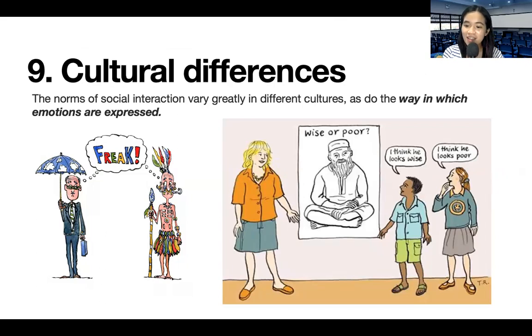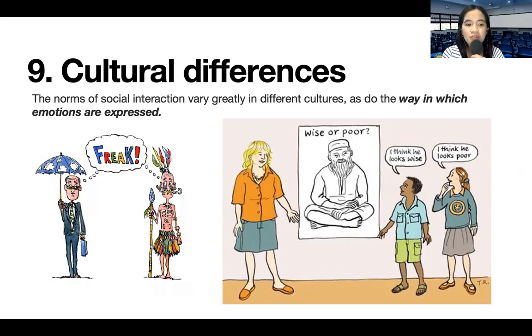We Hiligaynon people are known to be sweet talkers. And sometimes, even when we get angry, other people, like for example Ilocanos or Tagalogs, would misinterpret that we are talking to someone sweetly, but in fact, we are angry with them. So that's how cultural differences can be a barrier in communication.